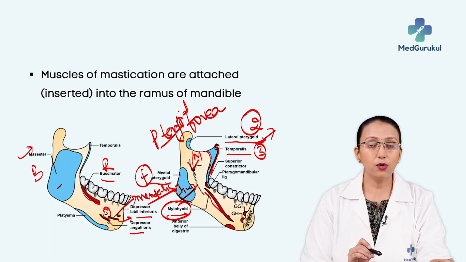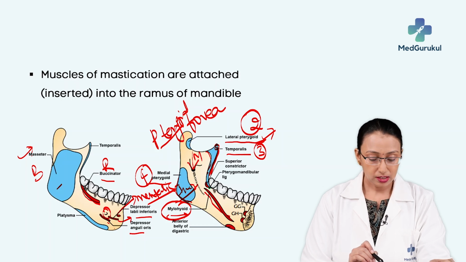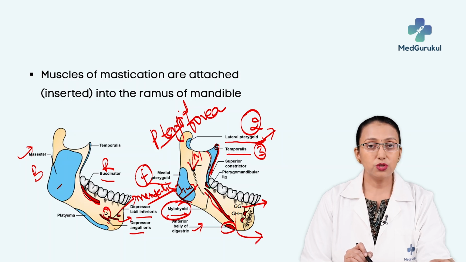Then we have the origin of the anterior belly of digastric to the digastric fossa. Then the genioglossus and geniohyoid to the genial tubercles. So these are all the muscle attachments.